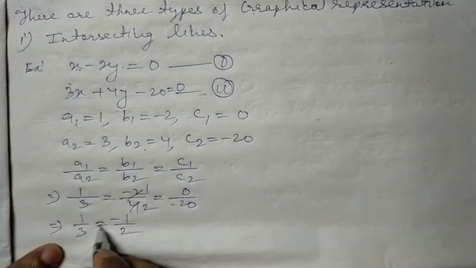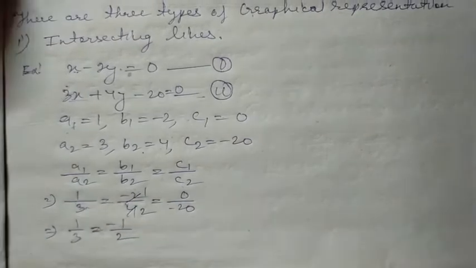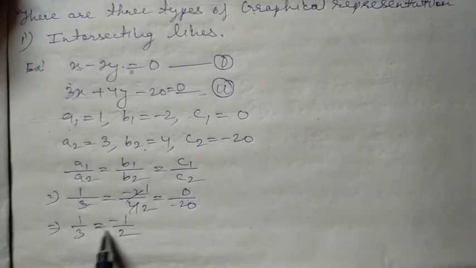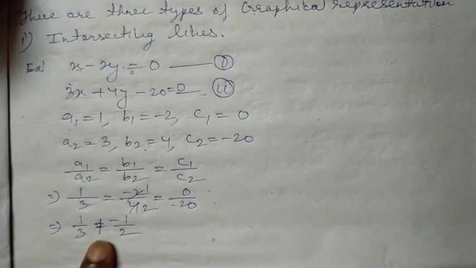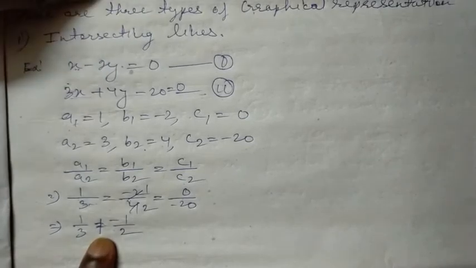So what we will do, this ratio is not equal, so we can cross it out.